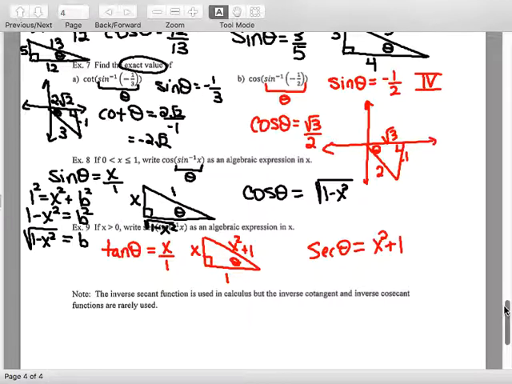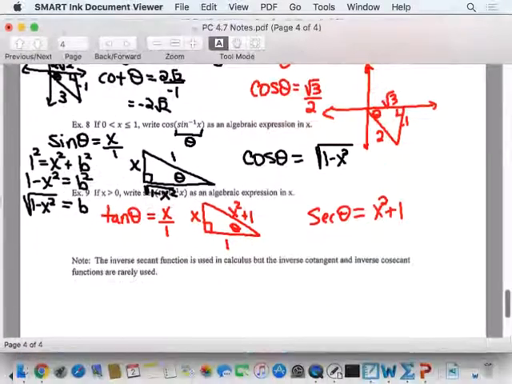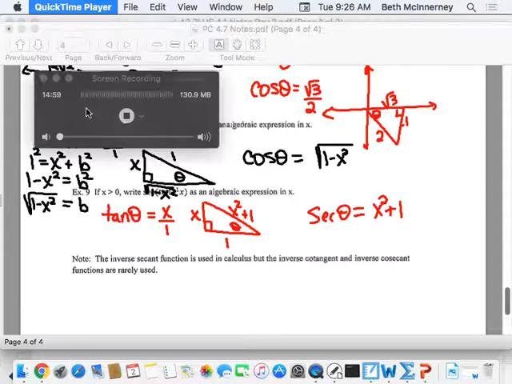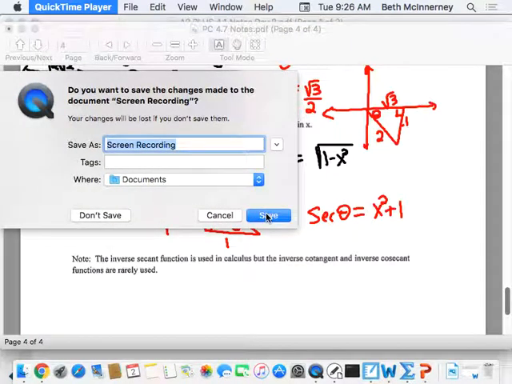Then if I want the secant, that's the hypotenuse over the adjacent. So I get x squared plus 1. Why is that x squared plus 1? Yeah, why is that supposed to be root of x squared plus 1?